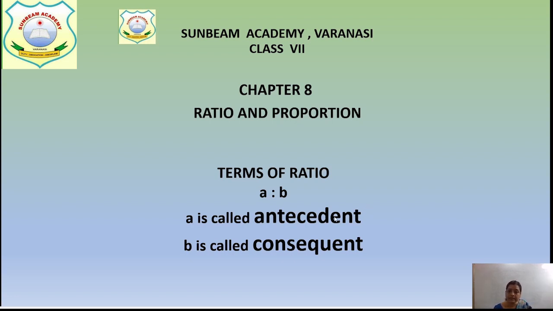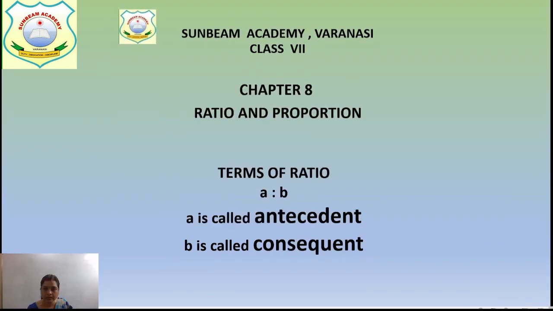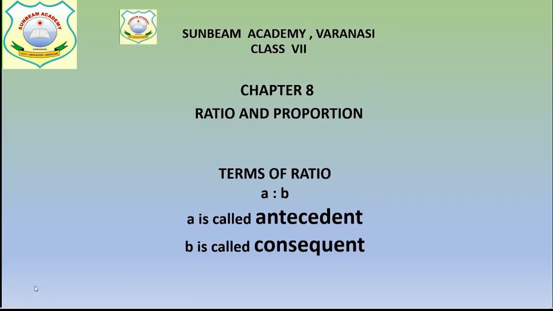A by B is also read as A is to B, where A and B are the terms of the ratio. A is called the first term or antecedent, B is called the second term or consequent. Clear? Am I clear to everyone?